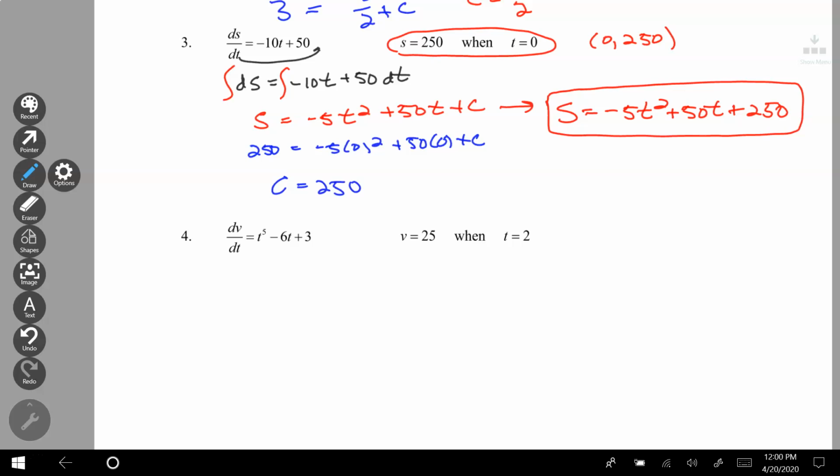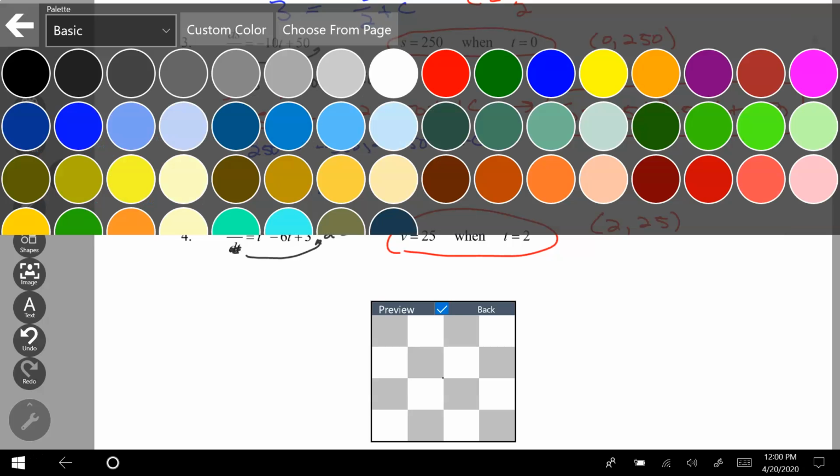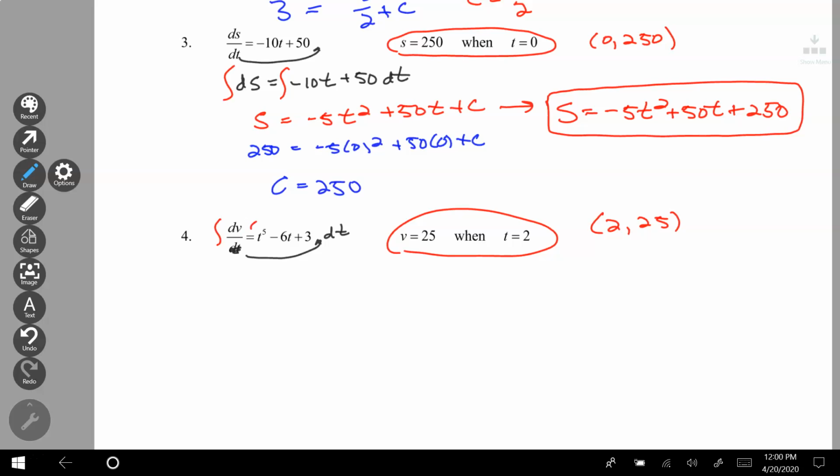Okay, this next one is not too bad, but we have an initial condition of (2, 25). I'm going to move this over to the other side, cross it out, take its antiderivative.